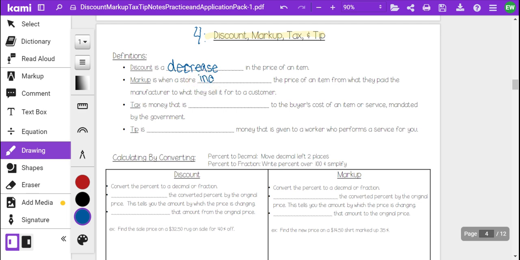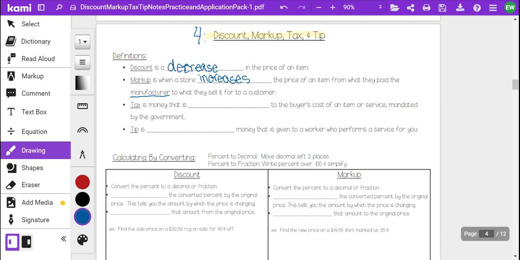So they may get an item like a t-shirt or some candles or a lamp from what we call a manufacturer, which is the person that produces the item. And then they have to mark it up so they can make a profit. That's how stores make money. So that's why we talk about markups.